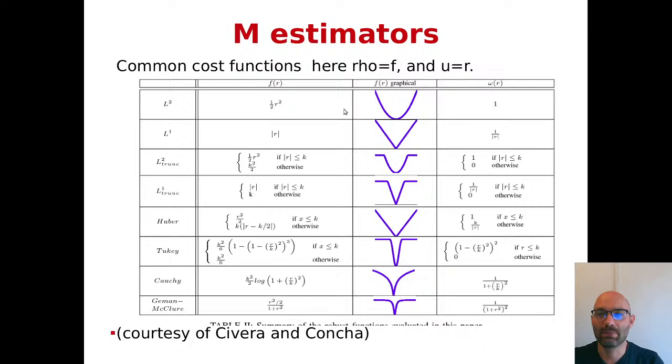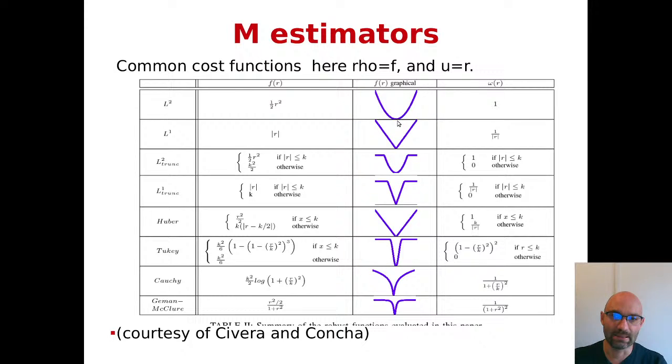And this is the shape of the classical rho function that we see. If we choose 1/2 r squared, where r is u, then we have the classical L2 norm. If we choose just the norm of r, then we have the L1 norm, and then there are others which have this shape.